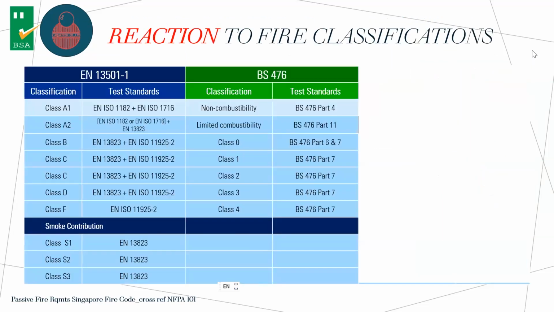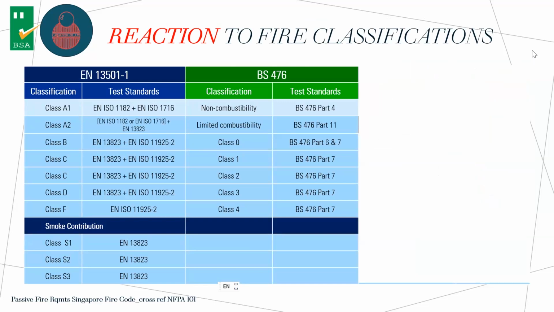Now, reaction to fire. Everybody can say, this is non-combustible or this one doesn't spread fire, but there should be a consistent standard by which you can determine how your material reacts to fire. So here I'm presenting the European standards and the British standards.